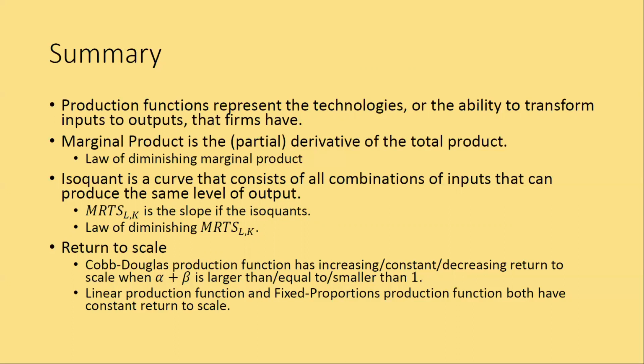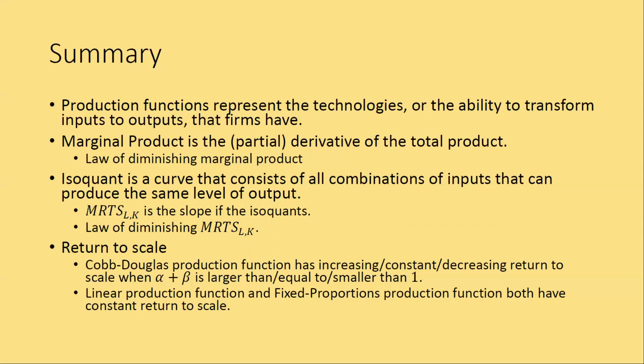We defined the marginal product in case of a single input or two inputs. It is the derivative or the partial derivative of the total production function. We introduced the law of diminishing marginal product, which is similar to the law of diminishing marginal utility. We defined the isoquant as the curve that contains all the combinations of inputs that can produce the same level of output.